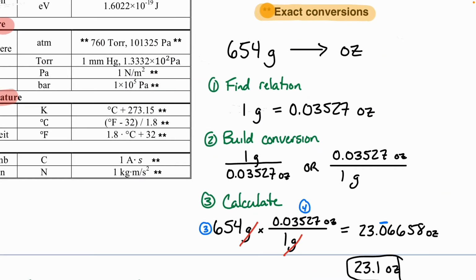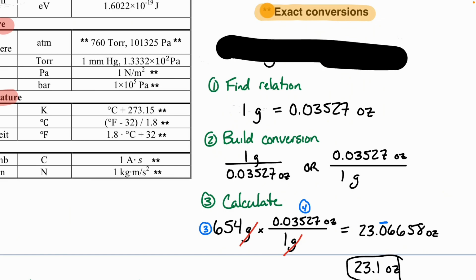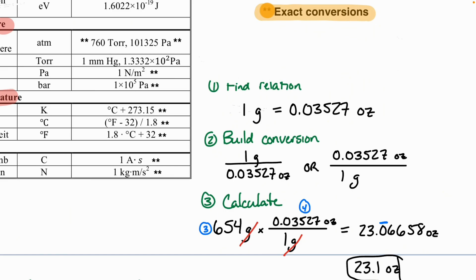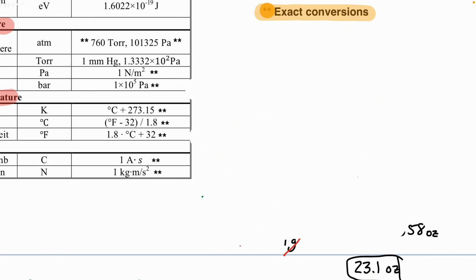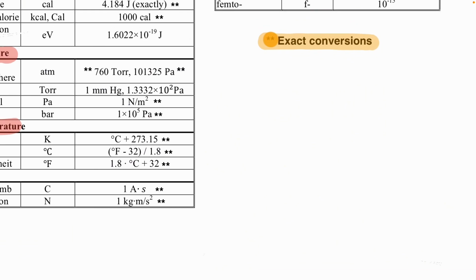Okay, let's do another one. Let's do 0.032 feet into centimeters. Okay, so where am I going to look on my table?